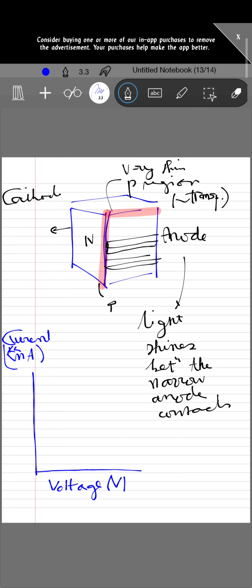So this is 300 milliamperes. This is how the plot usually looks. So this is the place where the cell rating is 0.5 volts, 0.5 volts at 300 milliamperes of current.